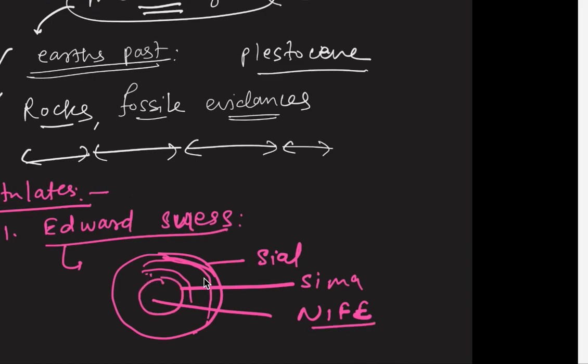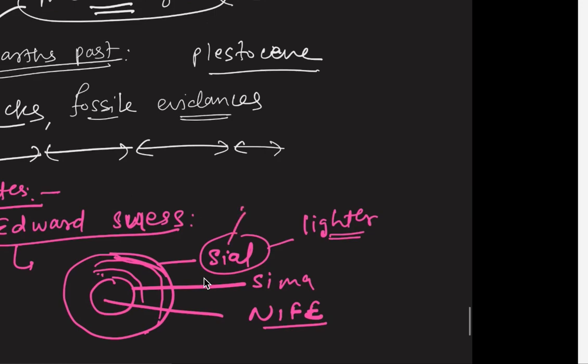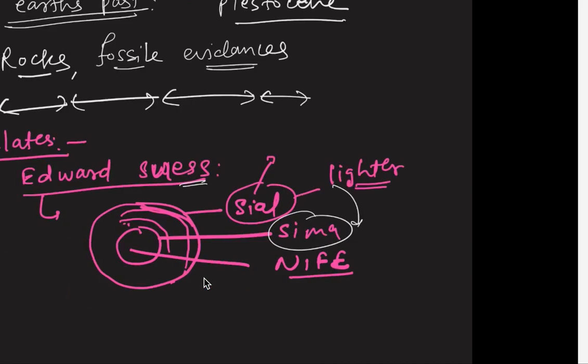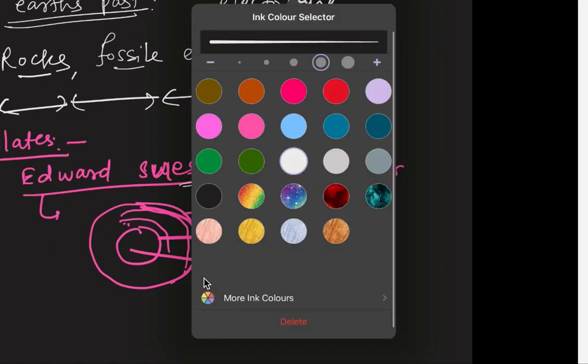Sial is lighter. Silica and aluminium are both lighter materials. So Sial is lighter. Edward Suess's idea is adopted directly by Wegener, and he said the Sial is moving over Sima. Edward Suess never said this. Wegener is saying now that Sial is moving.